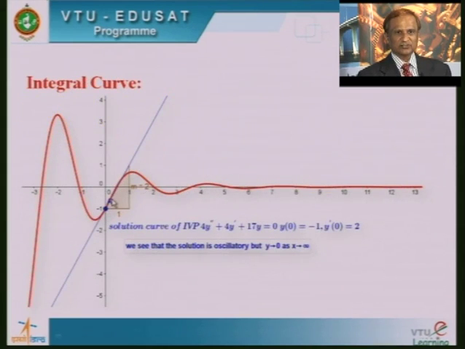According to the initial value problem, the curve passes through the point 0 comma minus 1. Yes, the curve passes through this point. At this point, I can draw a tangent, right. If you draw the tangent, you will get a tangent like a blue curve. At this point, we want to calculate the slope, right.